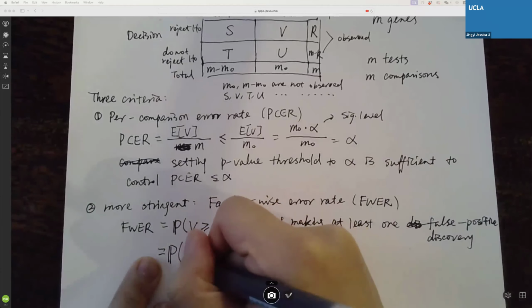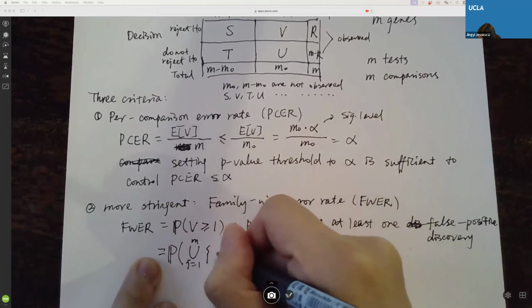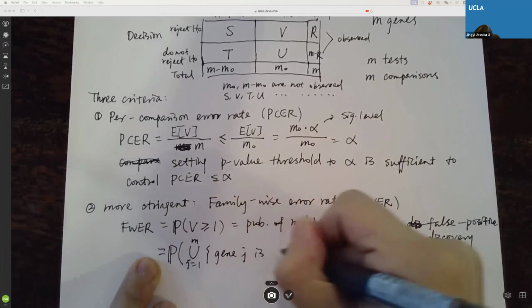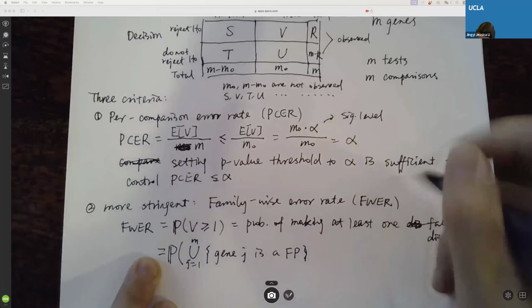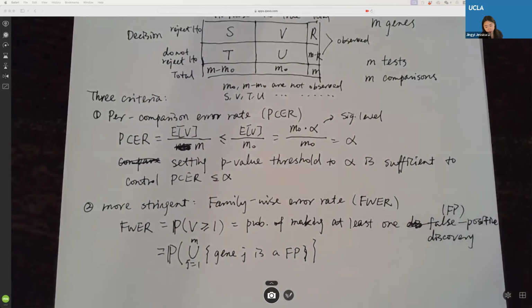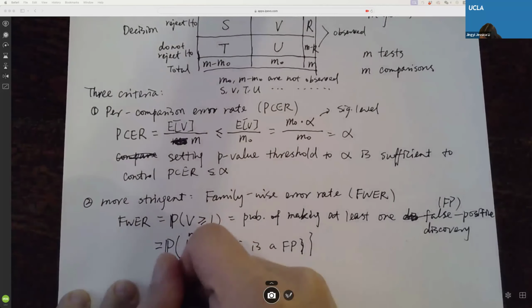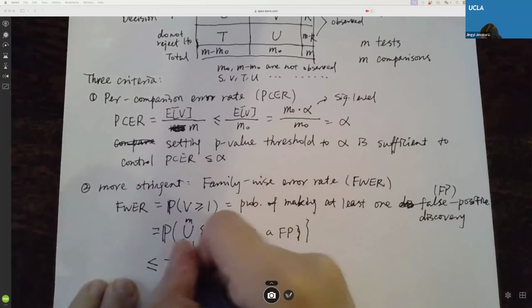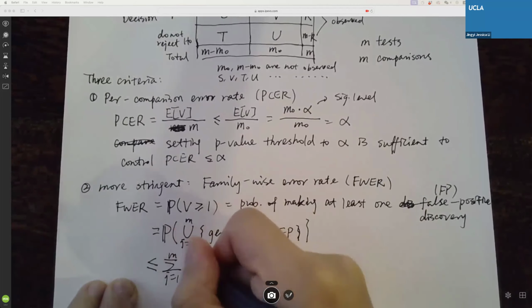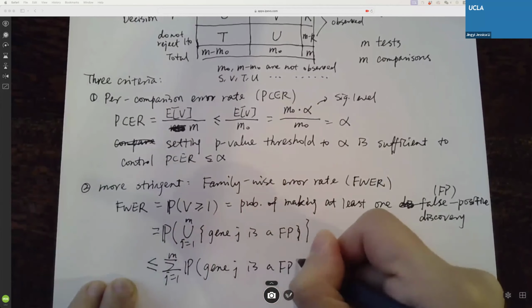We take the union over j from 1 to m of the event that gene j is a false positive, where FP stands for false positive. We just check every gene in our result. If gene j is a false positive, the event happens, and then the union happens, which is where V is greater or equal than 1. This is commonly bounded by the sum over j from 1 to m of the probability that gene j is a false positive.